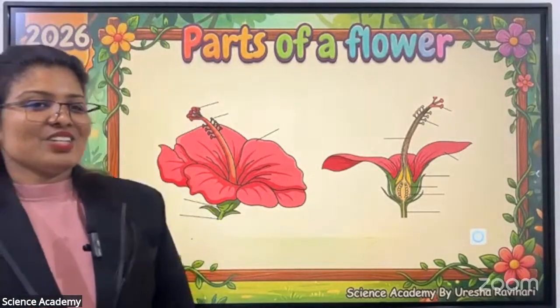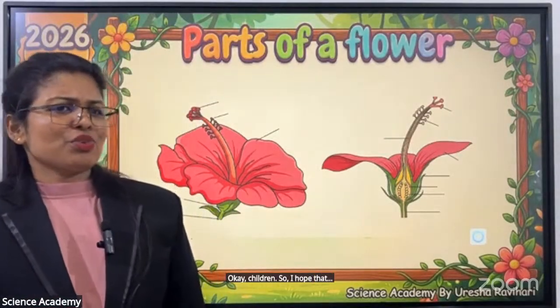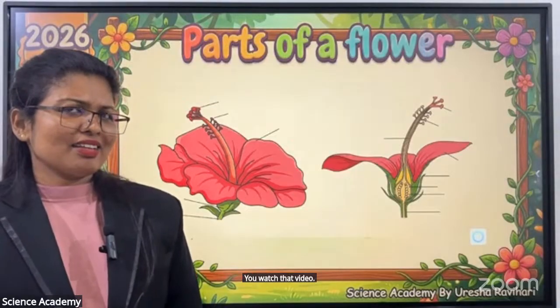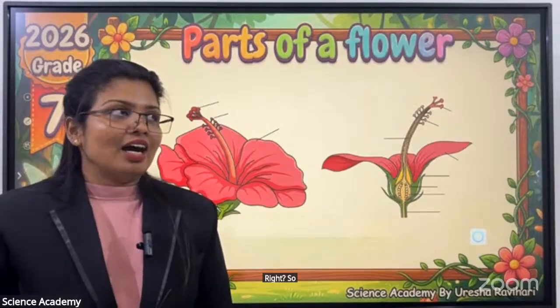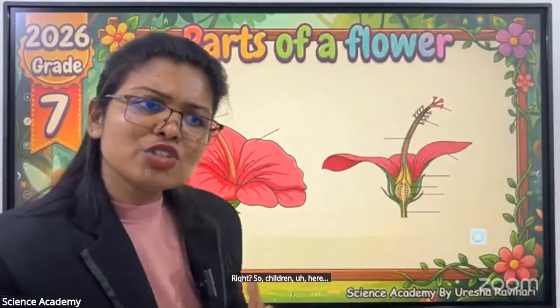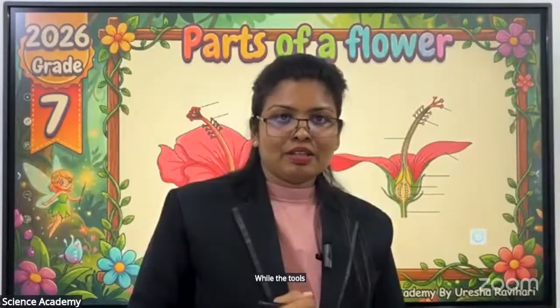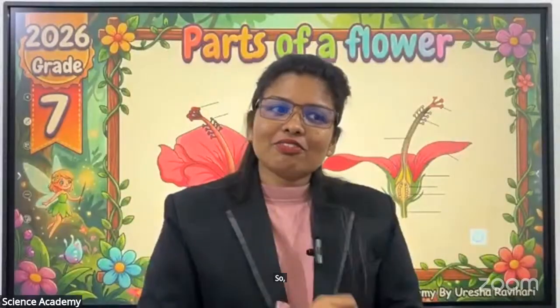Okay, children. So I hope that you watched that video. Right? So children, here, why do we choose the shoe flower? To identify the parts of the flower.